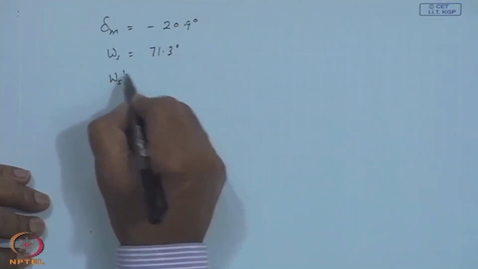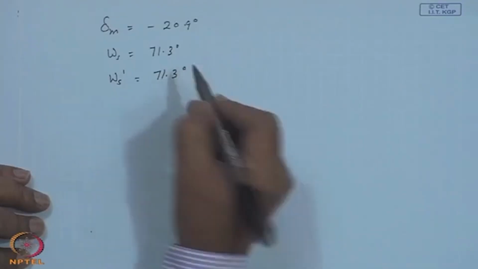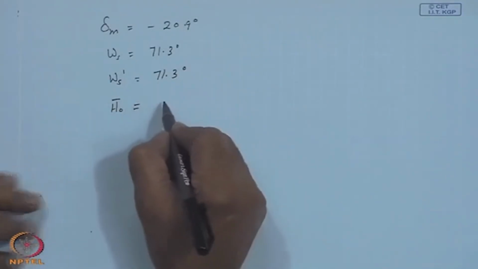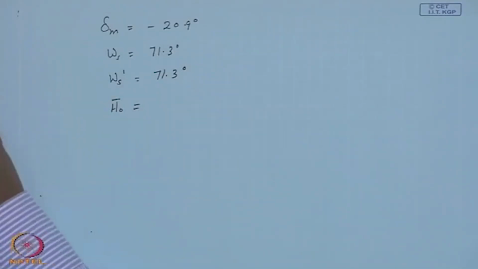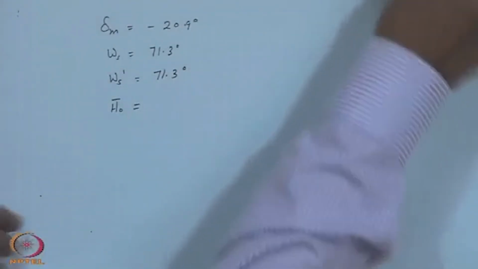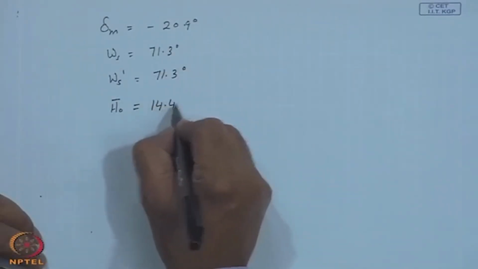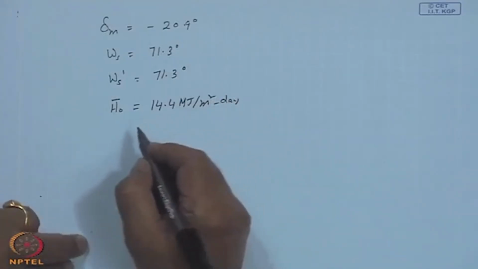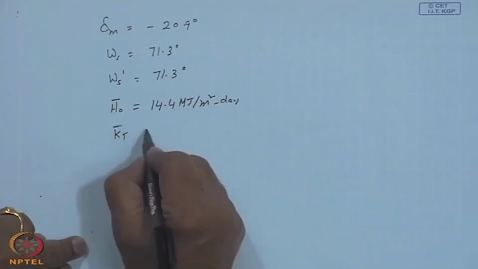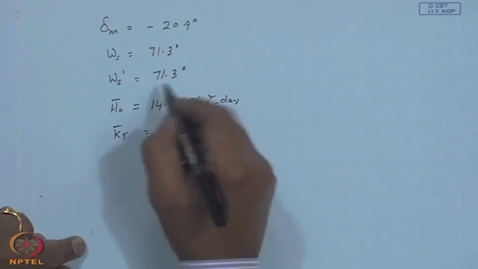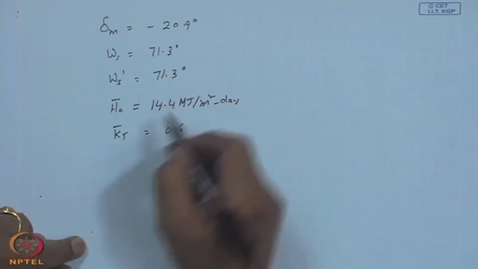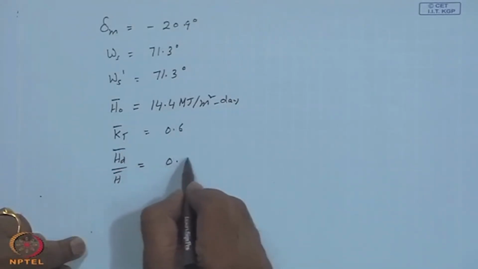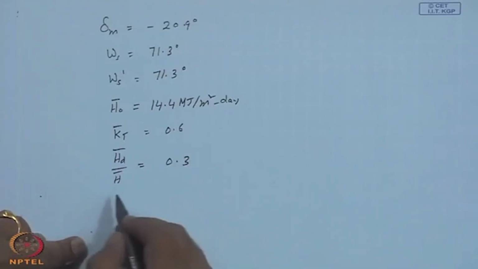In this case, omega s dash also will be 71.3 degrees, and we got the extraterrestrial horizontal monthly average daily radiation to be 14.4 megajoules per meter square day, and then the clearness index KT bar is 0.6, that is 8.6 upon 14.4, and the diffuse fraction HD bar by H bar we got as 0.3 using Collatz-Pereira-Raval's correlation.